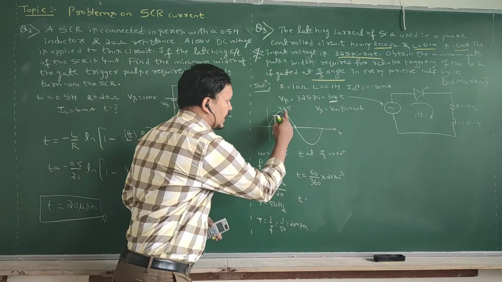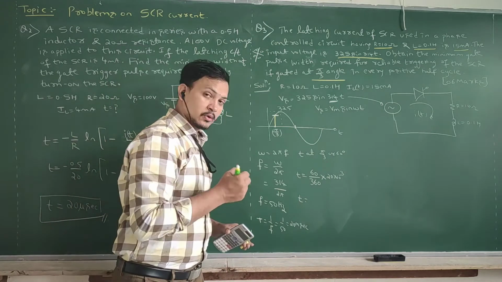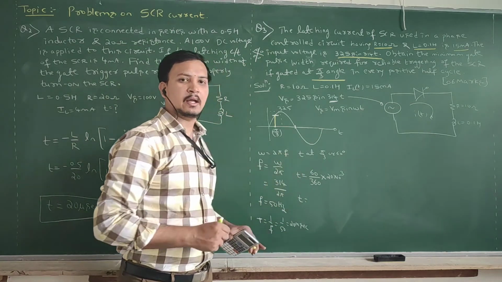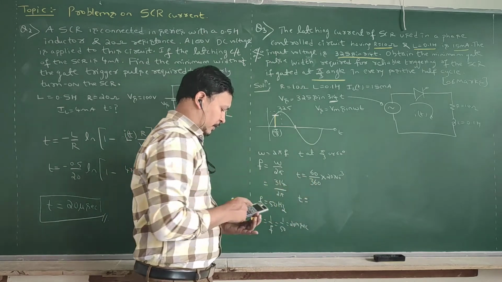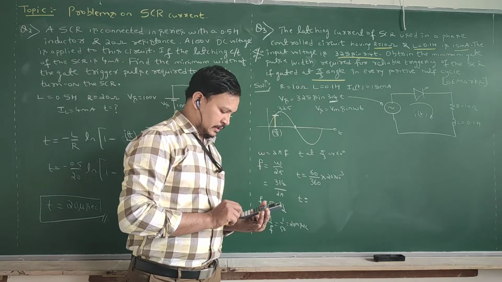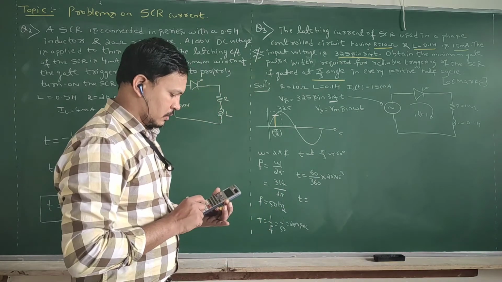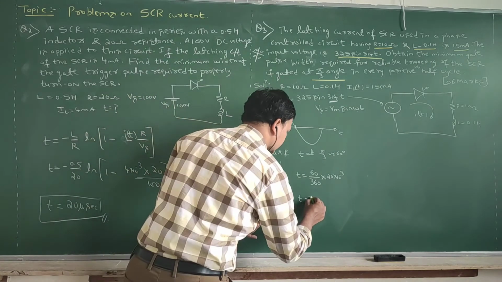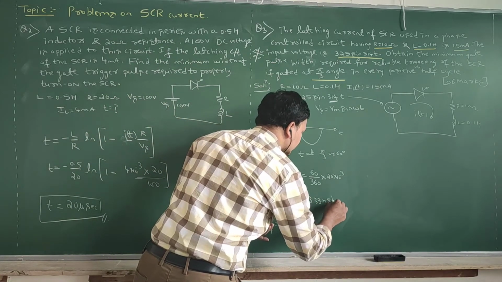To complete one cycle, how much time does it require? 20 milliseconds. So for that 60 degree, what time is required? You can calculate using the calculator. You are getting around 3.33 milliseconds. So the time is 3.33 milliseconds.